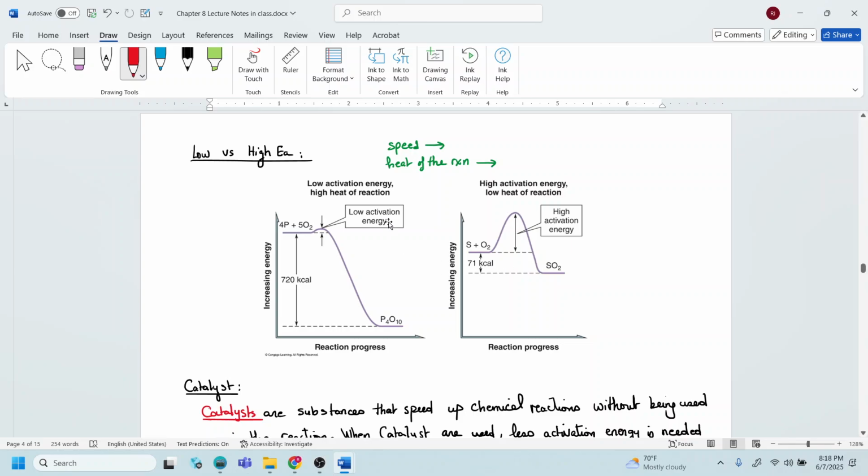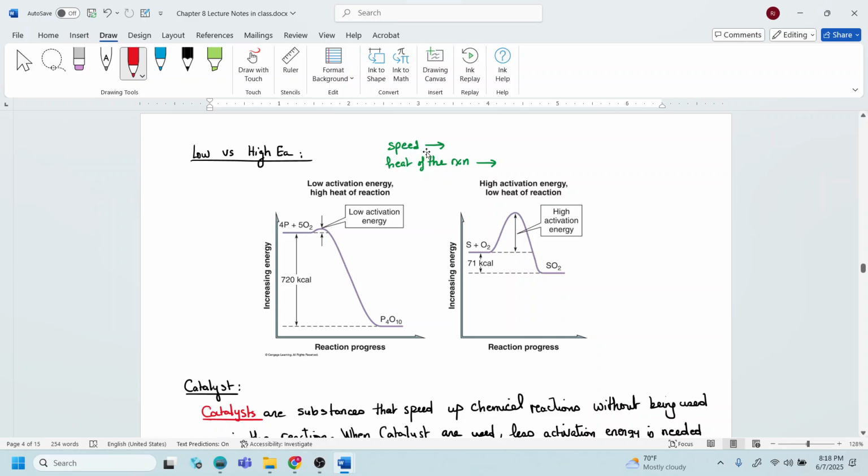So when I'm talking about activation energies, as I mentioned, to measure the activation energy, you need to have two or more reactions so that you can compare them with each other. So for these two reactions, I can see that this one has a low activation energy. So to compare, definitely this reaction is going to happen faster.